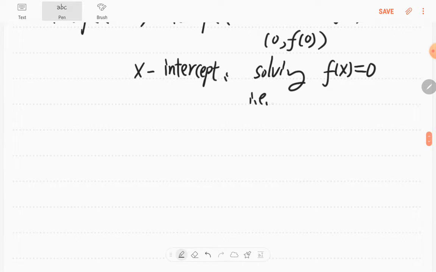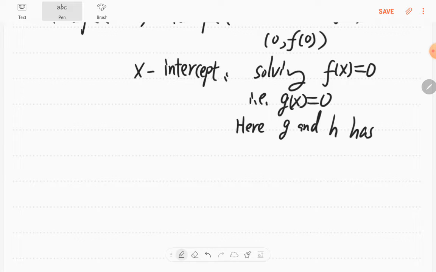Here our g and h, numerator and denominator, have no common factors. We need to simplify.